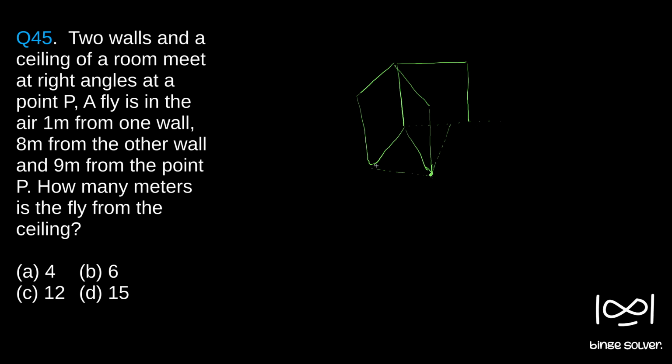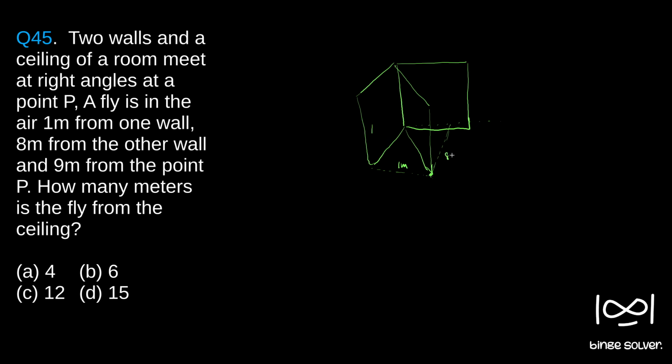So let's say this is the first wall. So it is 1 meter from the first wall and 9 meters from this wall. So this is perpendicular. Okay, so 9 meters from this wall means this distance is 9 meters. So we write 9 meter here, same. So that is the 9 meter, and sorry, 8 meters. It was given 8 meters. A mistake.